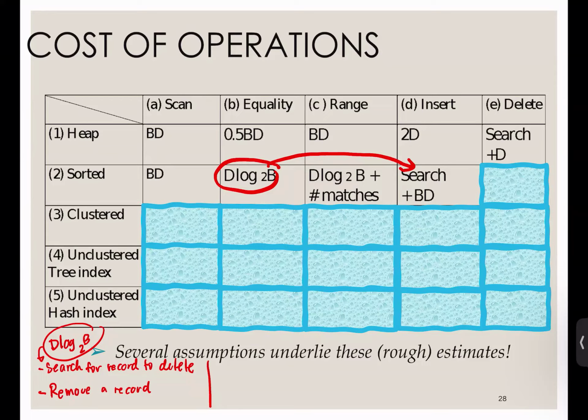You do things in reverse of the insertion. We assume that on average, the thing we want to delete is in the middle of the file. So again, we need to take care of the second half of the file. The same thing, we fetch and we have to rewrite.